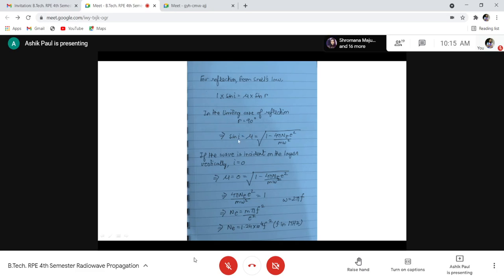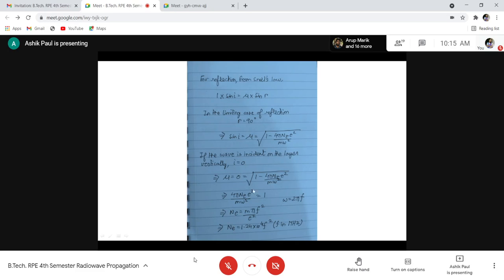So your sine i will be equal to mu, because if you put r equal to 90, sine r will be 1. So your sine i will be square root of 1 minus 4 pi Ne e square by m omega square.